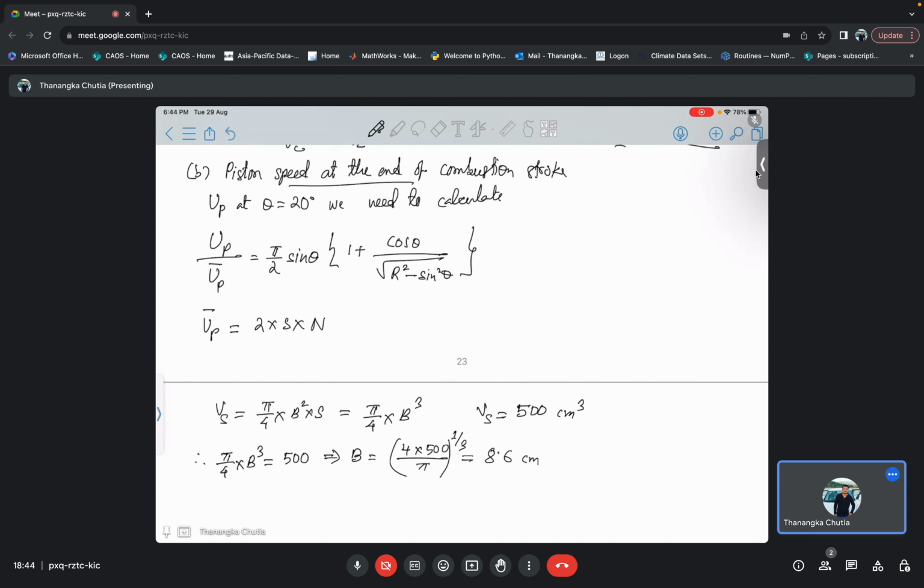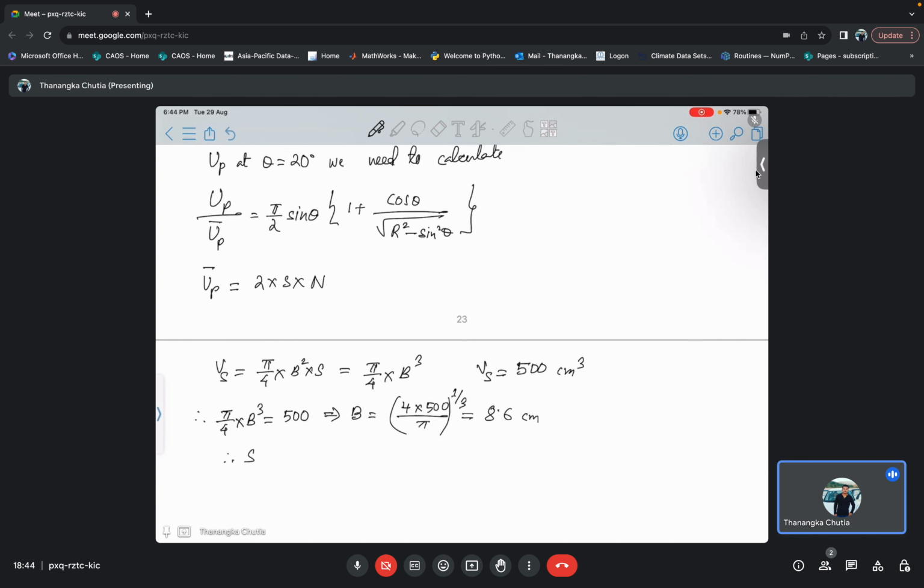Since b is equal to s, s is also equal to 8.6 centimeter.